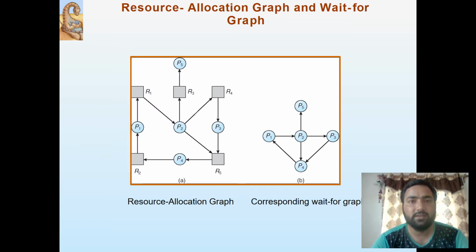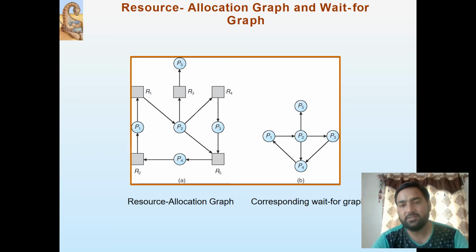So this is the resource allocation graph and the wait-for graph corresponding to the situation that we are discussing, in which the resources are allocated and requested by the different processes in the system, and the wait-for graph denotes which process is waiting for the other process to complete.